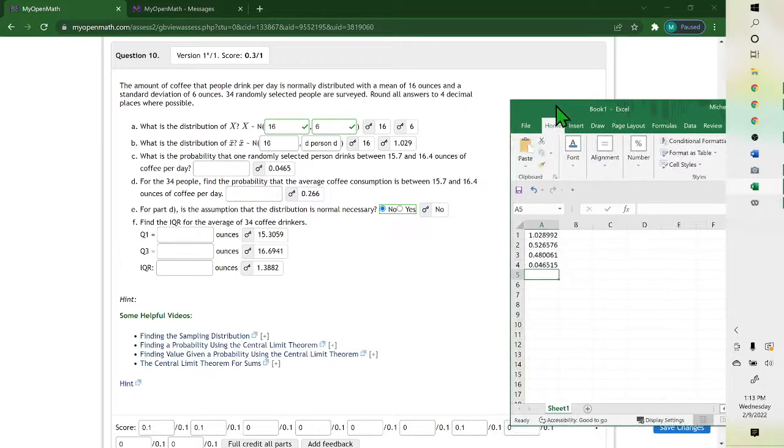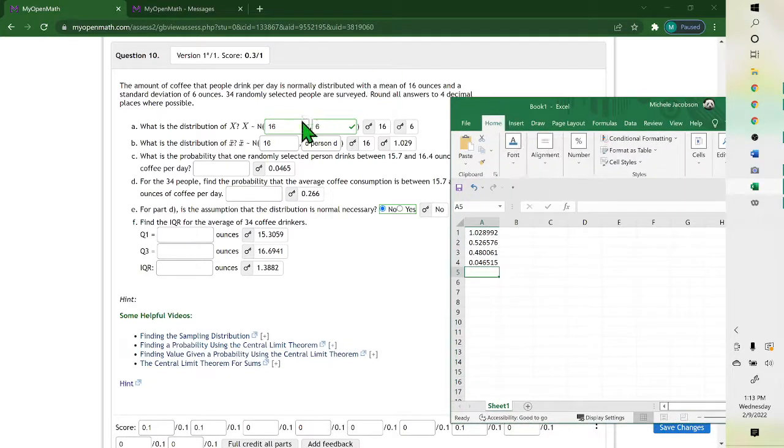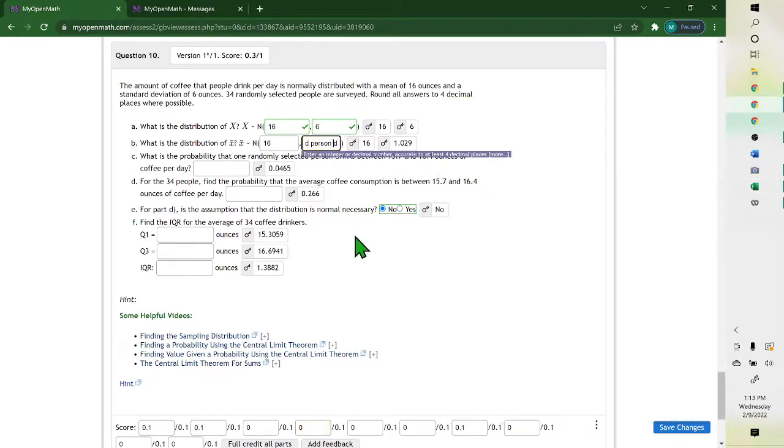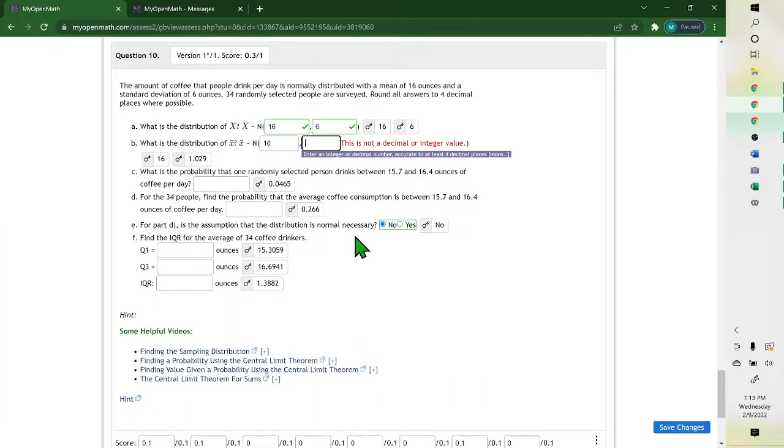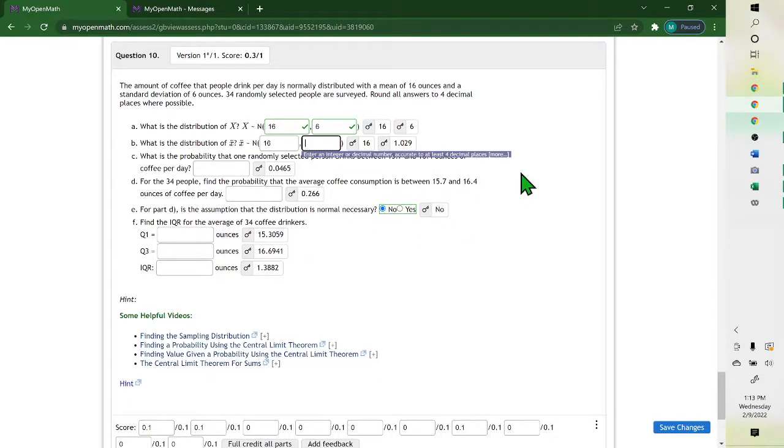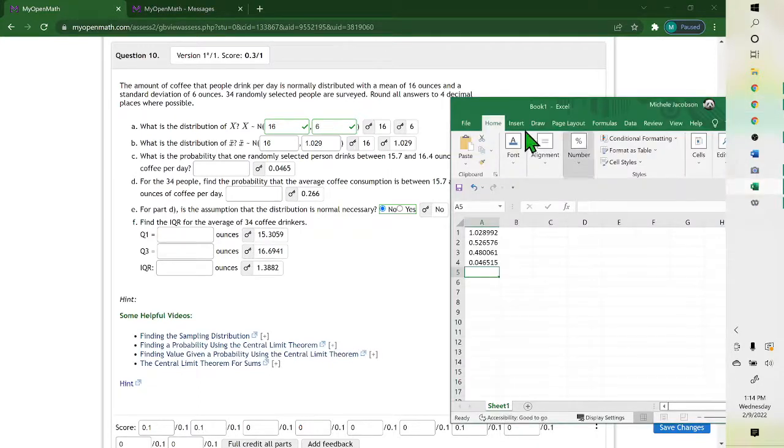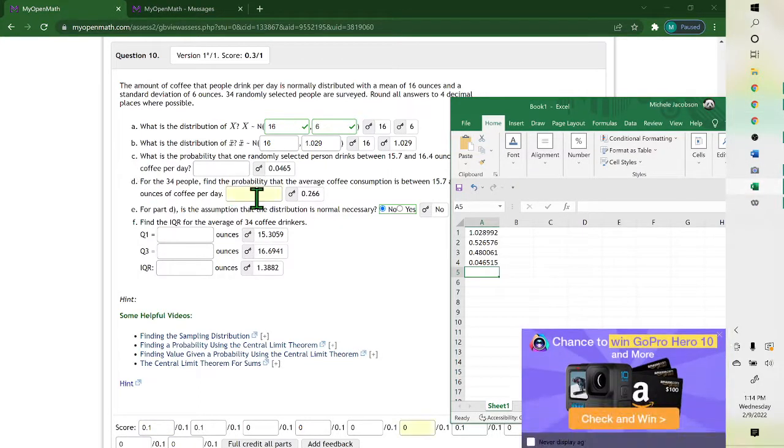Because it's a sample, it's still going between the same values, but instead of using this standard deviation, you're using the 1.029. So it's the same process, except we use the other standard deviation.